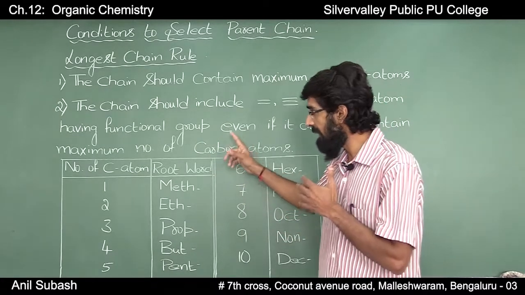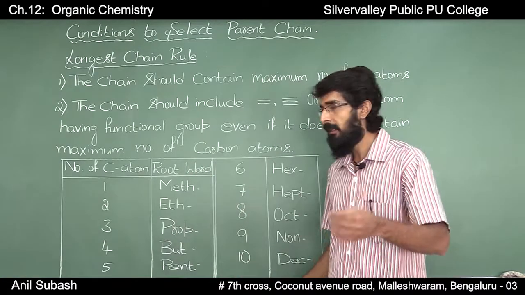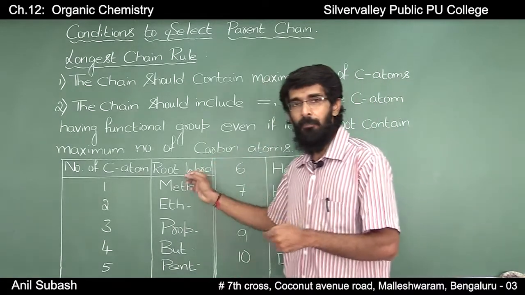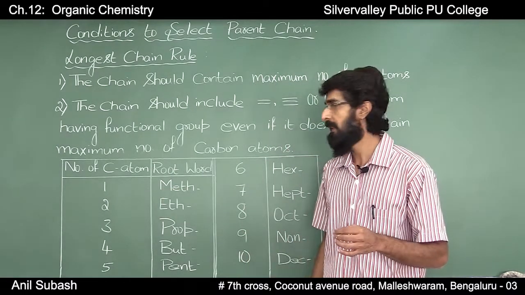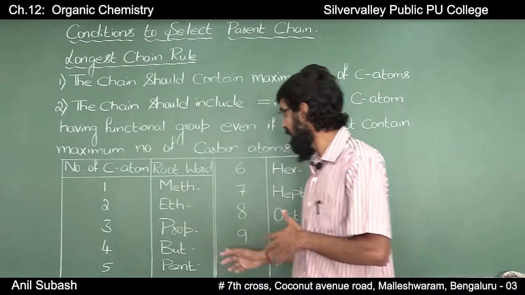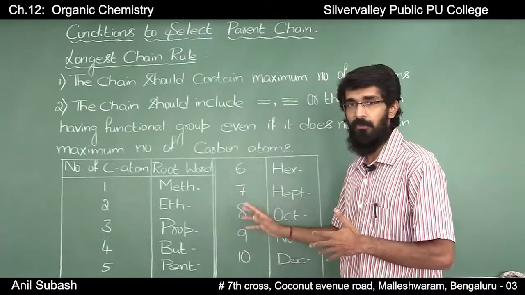The root word is given depending upon the number of carbon atoms present in the parent chain. That is, we have a table here, number of carbon atoms and the root word.